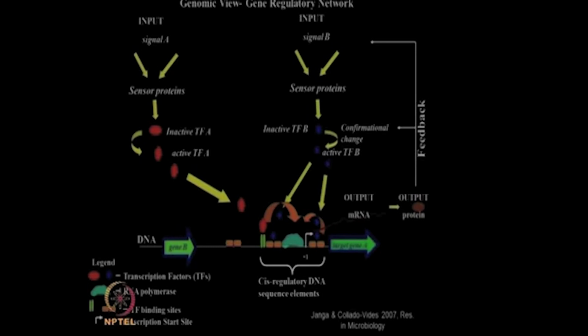Based on these principles, and together with the interplay of the transcription factors and the polymerase, your transcript is produced. Once the transcript is produced, you can have mRNA and protein level regulation, which we will not be talking about immediately. But all these levels together contribute to provide feedback, and this is typically a simple regulatory system that you encounter in bacterial organisms. Eukaryotic gene regulation is much more complex and beyond the scope of our current discussion.